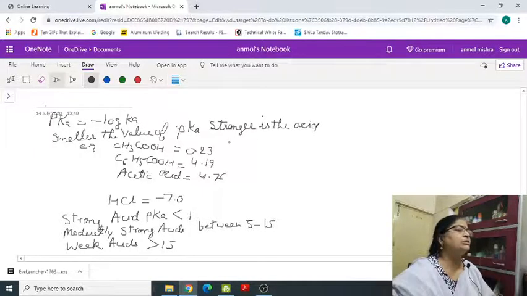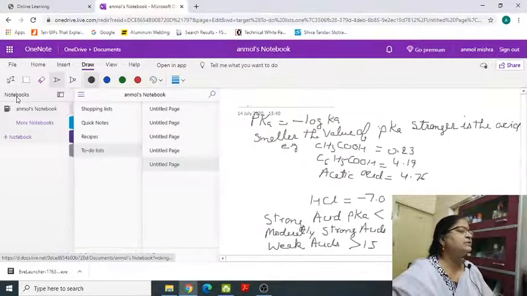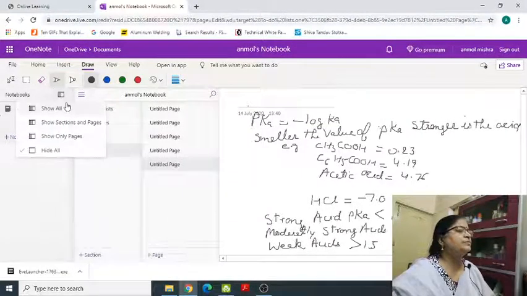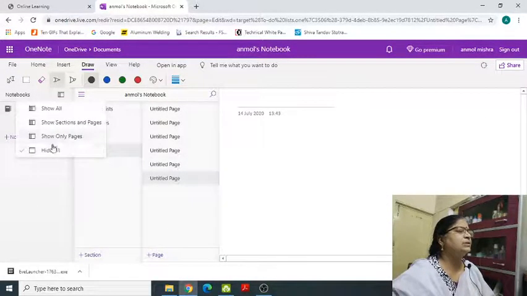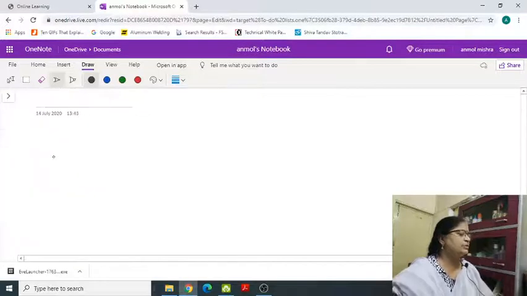Now, next comparison of the acidic character of carboxylic acid with other compounds. First, carboxylic acids are weaker acids than mineral acids because of the lesser pKa value.